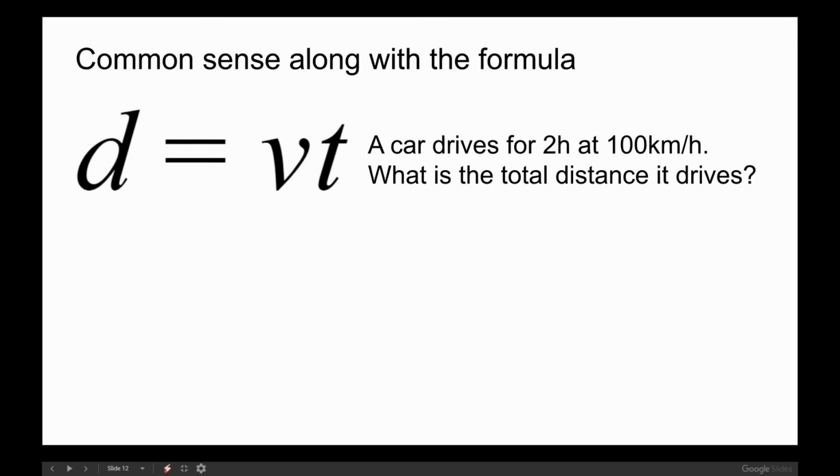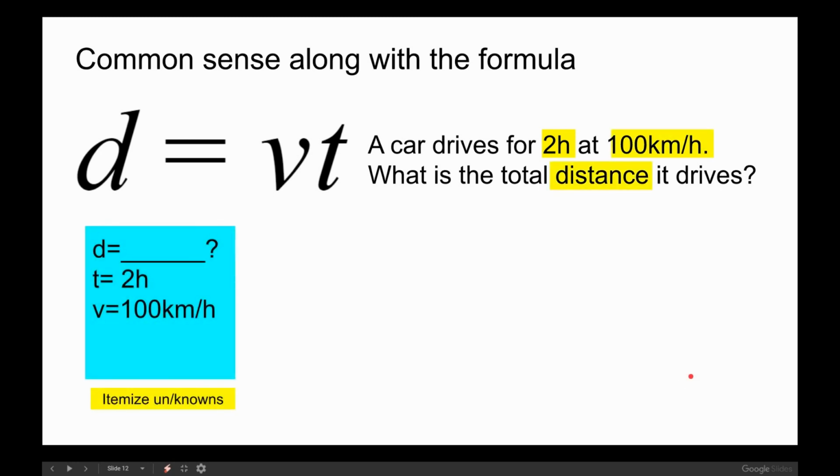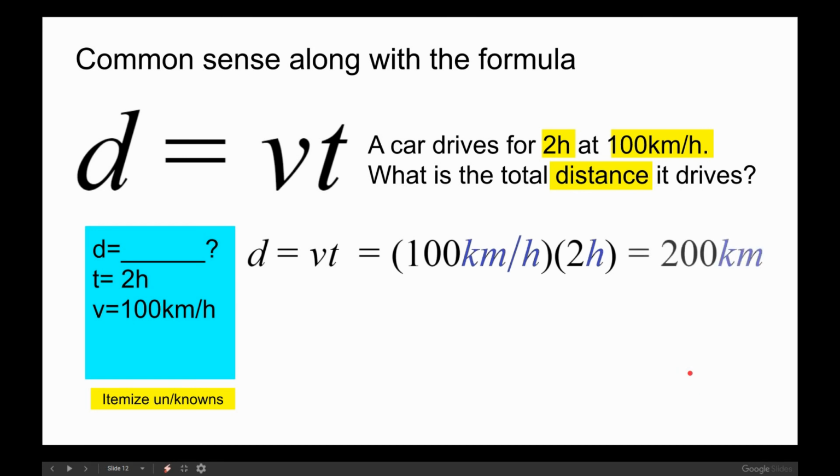Now, common sense along with the formula. A car drives for 2 hours at 100 kilometers an hour. What is the total distance it drives? 2 hours, 100 kilometers an hour. Total distance. There's our setup. Formula. Values. Answer.